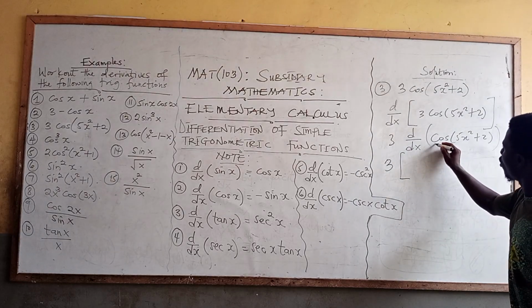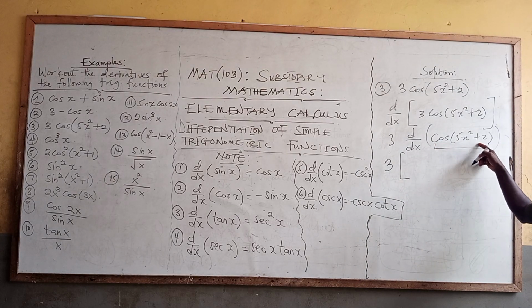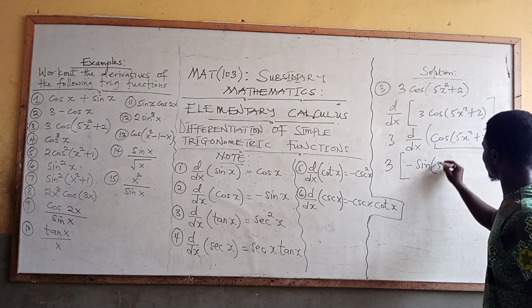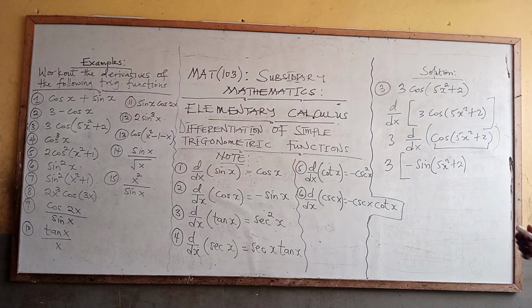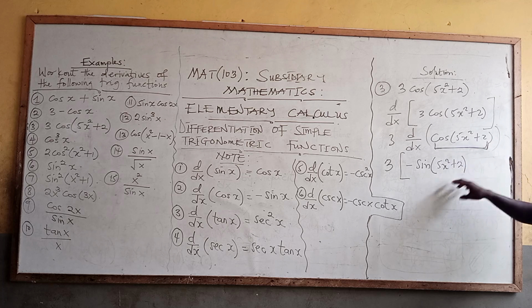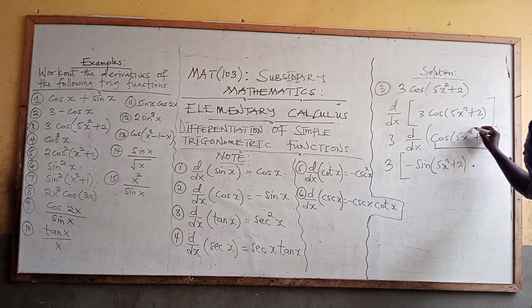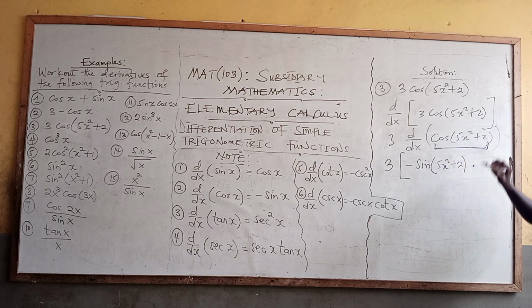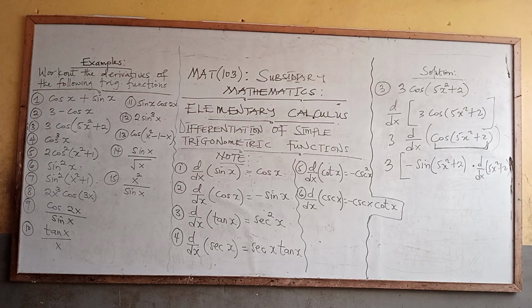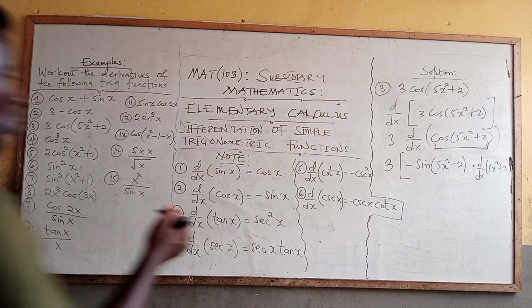First of all, if we differentiate the whole of cos(5x squared plus 2), we get minus sine(5x squared plus 2), times we differentiate the expression inside the bracket, so d/dx of 5x squared plus 2. Take your time.